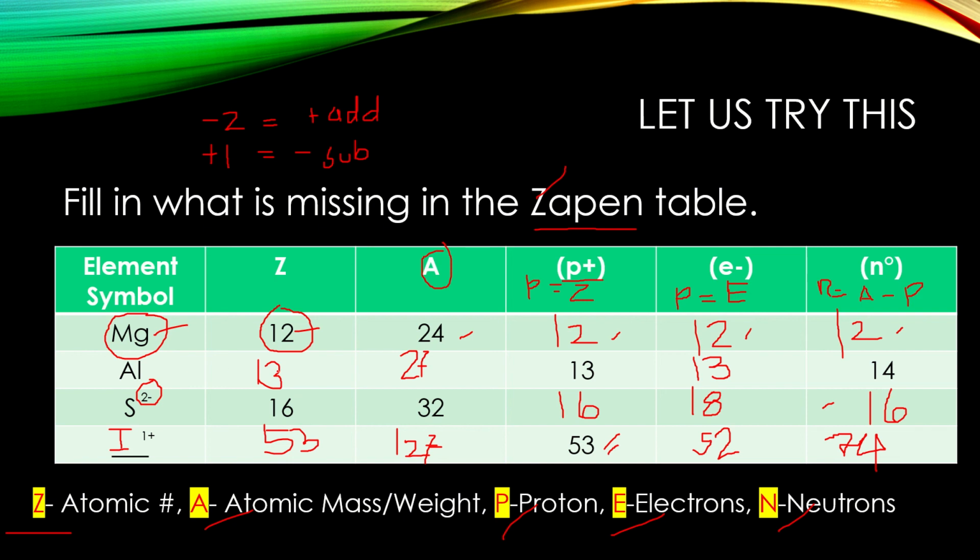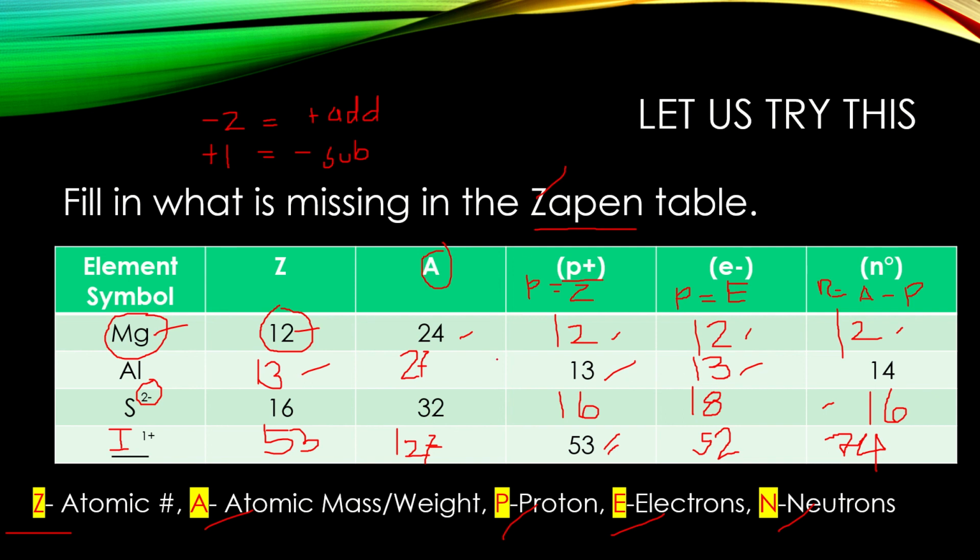Aluminum is element number 13 with atomic number 13. So, again, we will just copy 13 for proton and then for electrons because they are neutral. The number of protons and electrons are the same in a neutral atom. So, we'll just copy the atomic number for the protons and electrons.